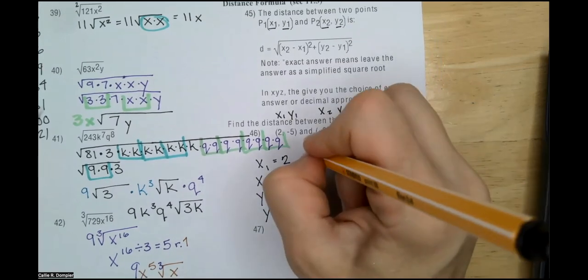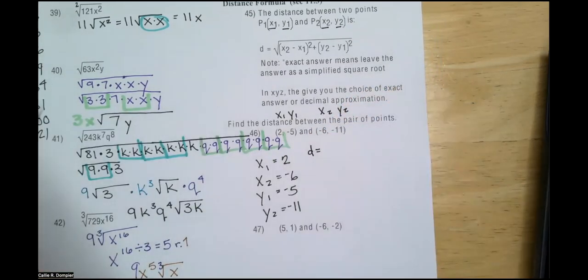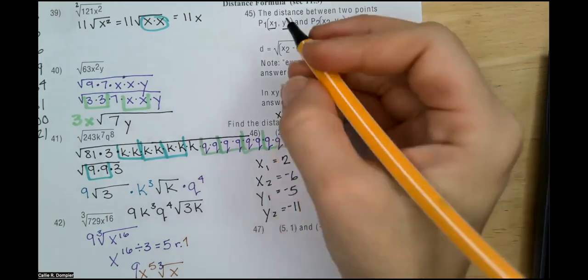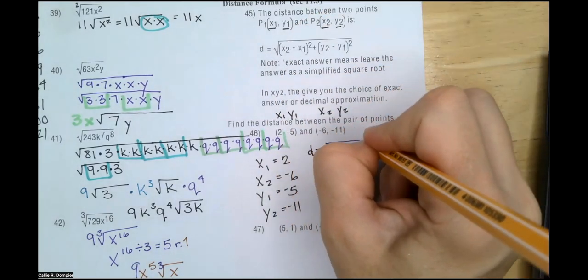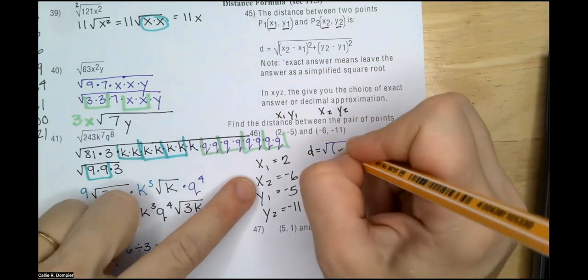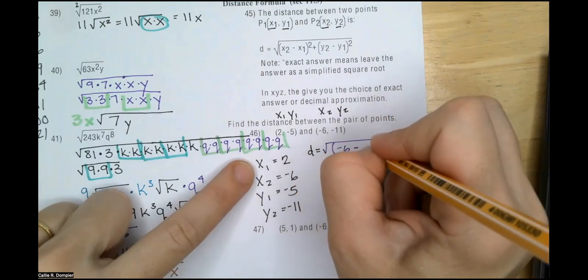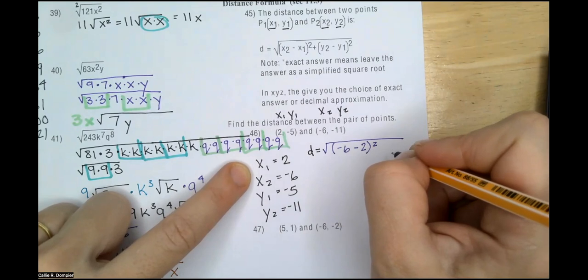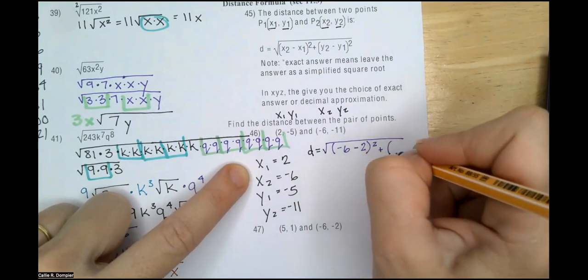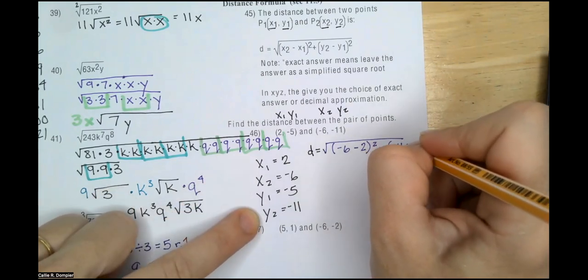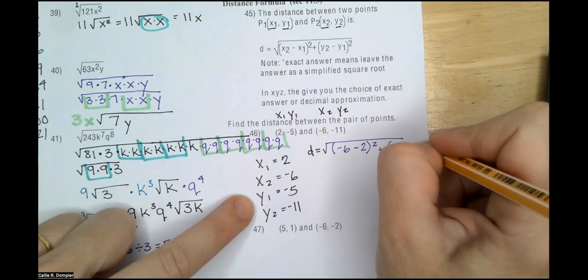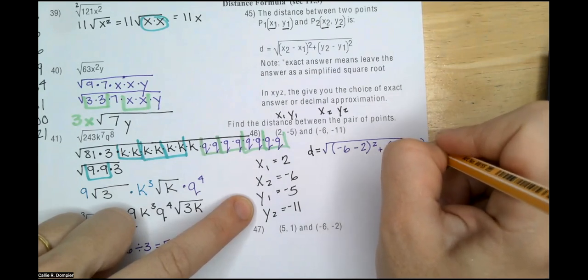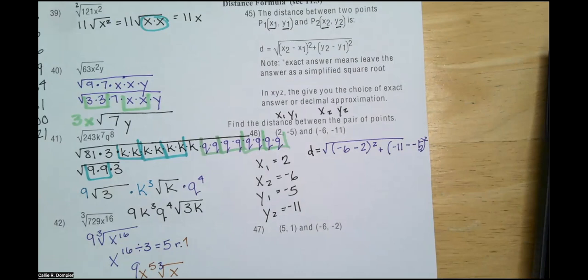Good. Distance equals the square root of x2 minus x1 squared plus y2 minus y1 squared. Why do I always run out of space?